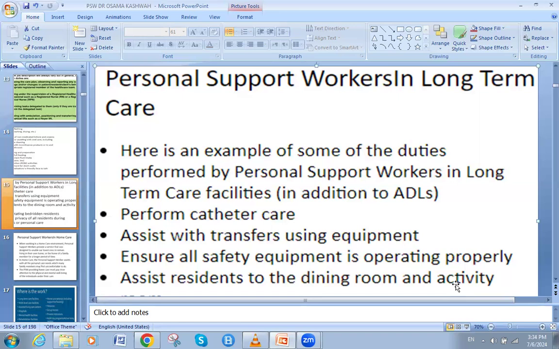No. As an example of the morning program, you prepare them for breakfast first, wash their faces, and help them in the washroom. Then you dress them. By 8 o'clock in the morning in most of Ontario, they must be in the dining room where they will have their breakfast.